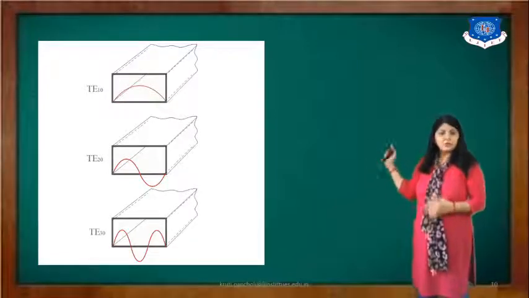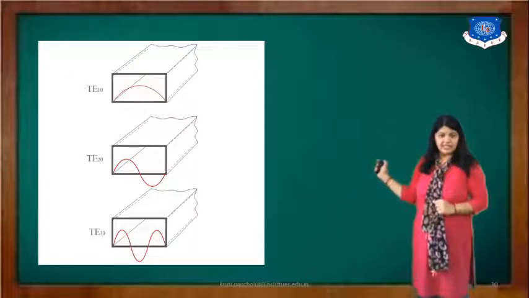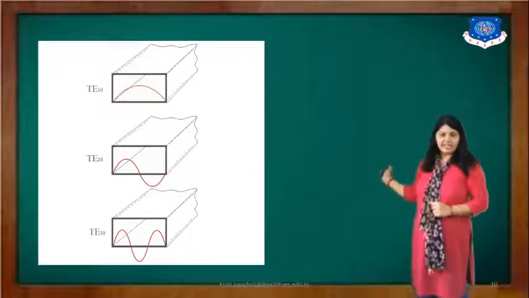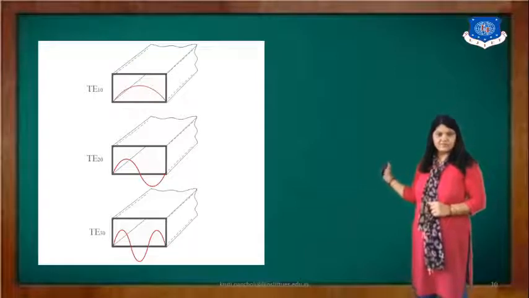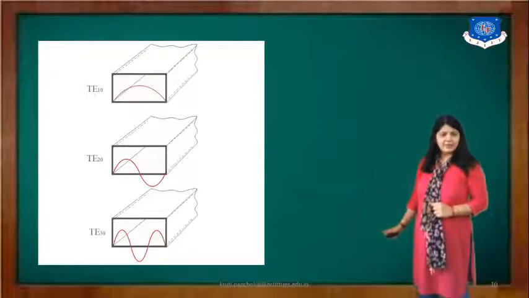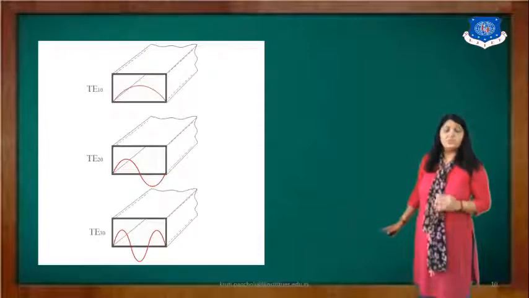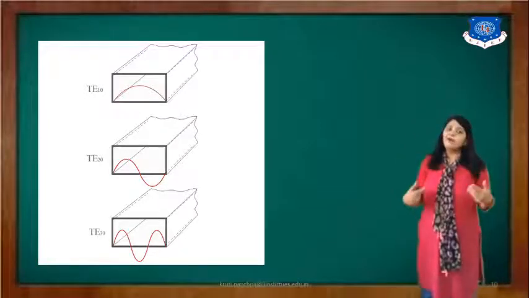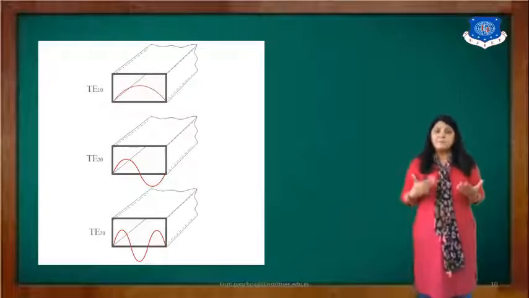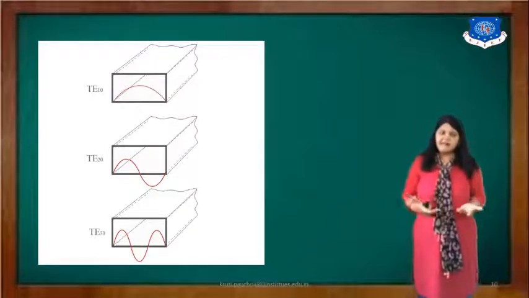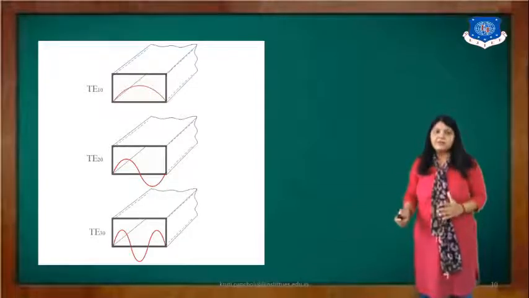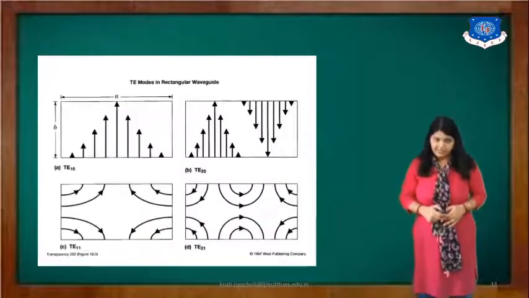TE20: two half variations, the first half variation and the second half variation. In the next diagram, TE30, three half variations. So while drawing the diagram, you have to keep in mind the subscript description, and it shows how you can get the variation in the narrow dimension and the wide dimension.